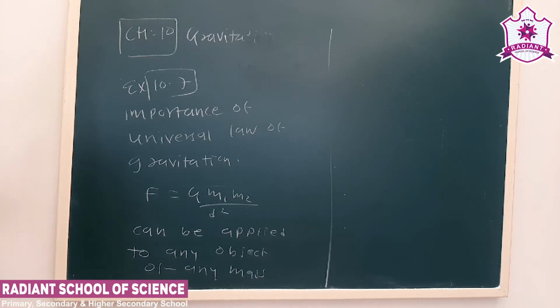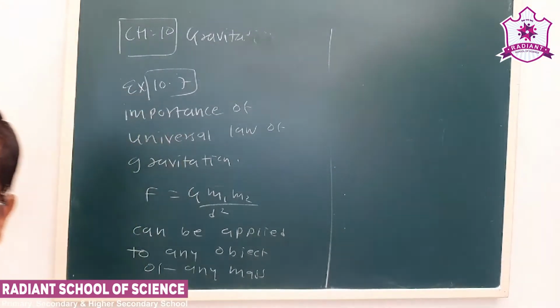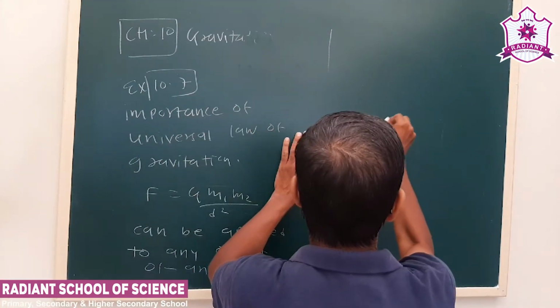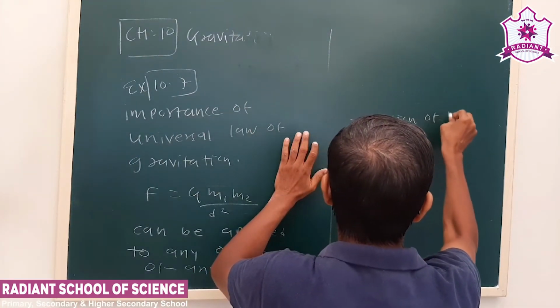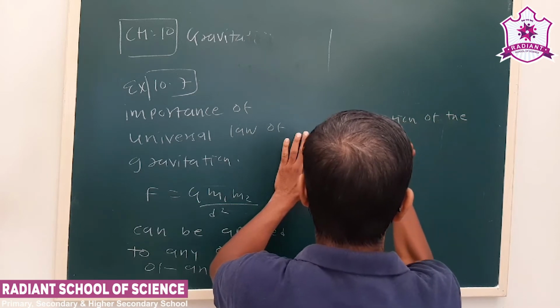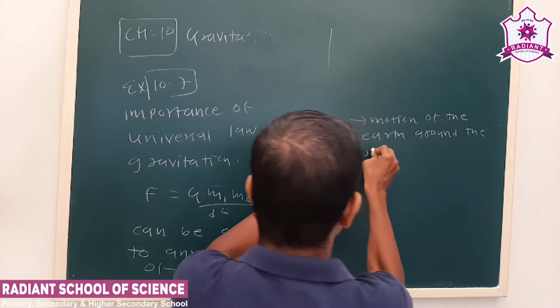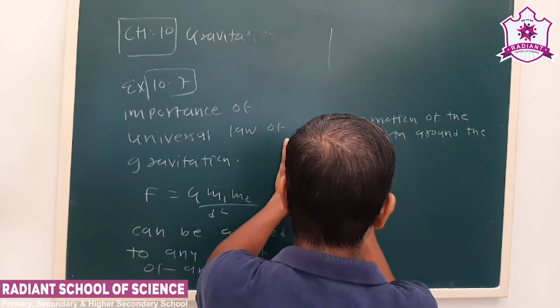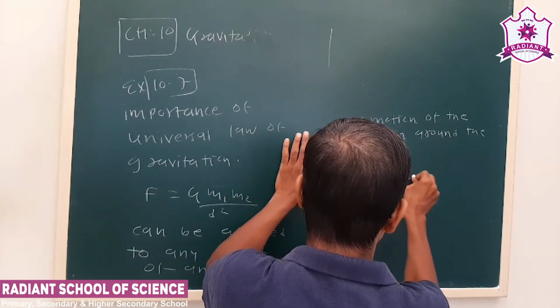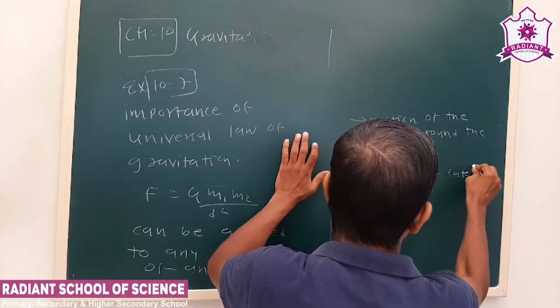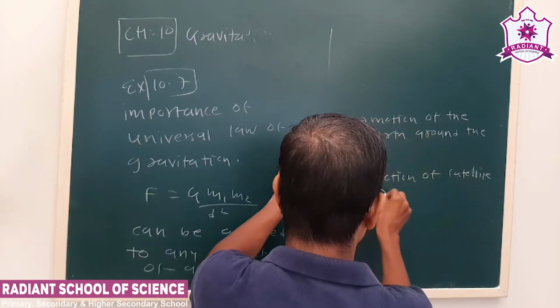Okay, now because of this law, we have been able to explain a number of things. For example, motion of the earth around the sun, motion of a satellite around the earth.